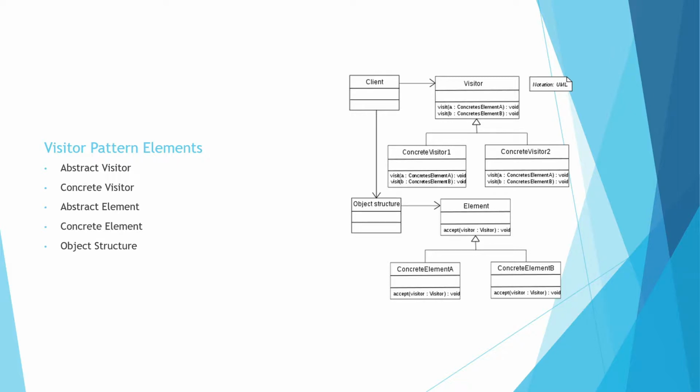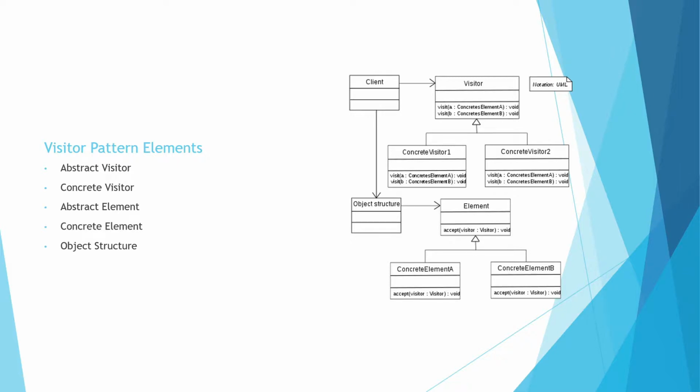So here you see the UML structure for the visitor pattern and for its elements. There are going to be 5 core components to a visitor pattern. There is your abstract visitor, concrete visitors, which are going to inherit from the abstract visitor, an abstract element, which is going to have as part of its interface the accept method, and we'll talk about what that's all about.